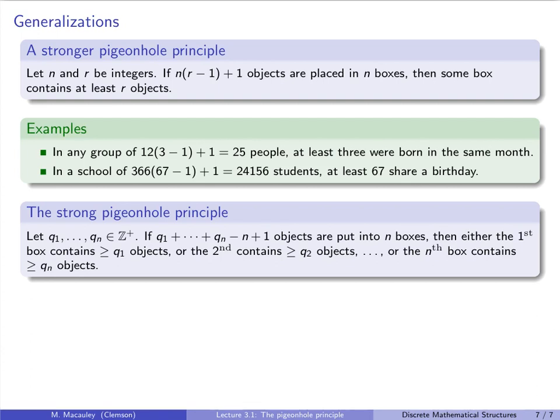So this is notationally a little bit of a nightmare, but once you wrap your head around it, it's actually fairly intuitive. Pause this lecture if you don't quite see it yet.